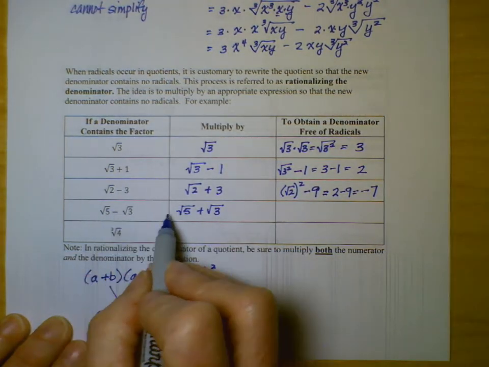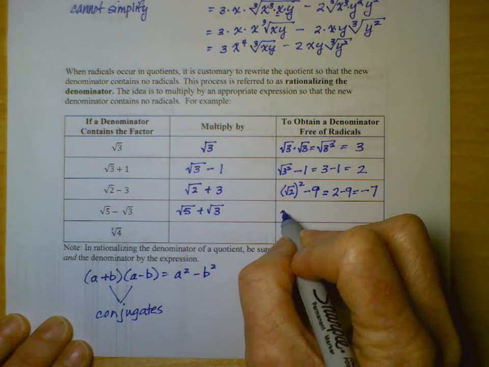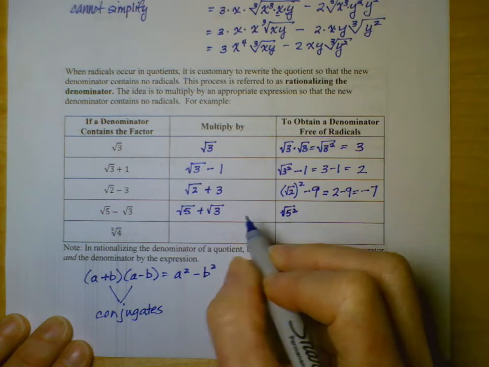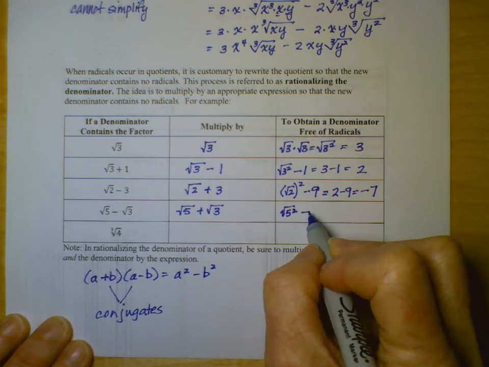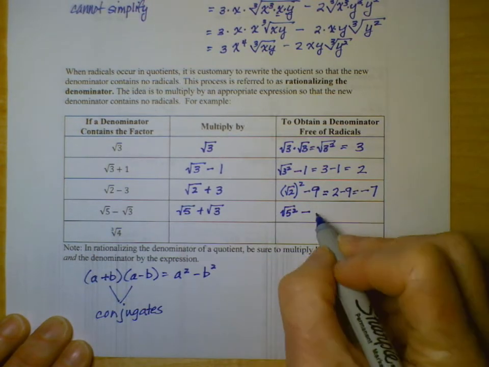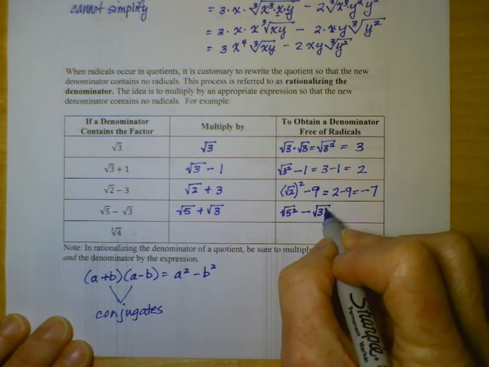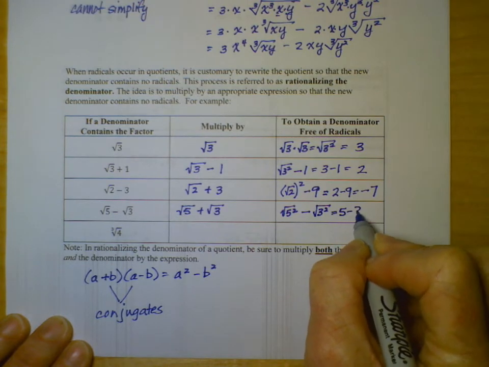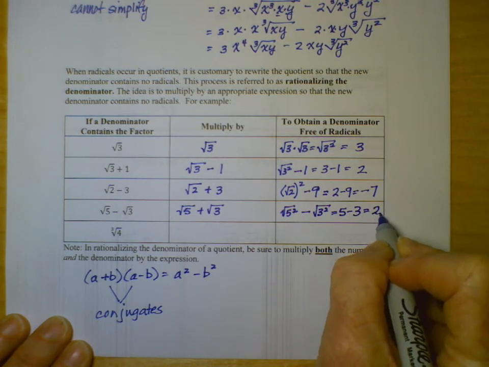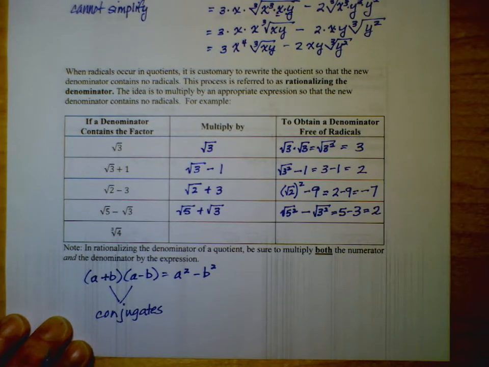First times first, we get the square root of 5 squared. And then, of course, we know the middle's going to cancel, and then it's going to be minus because negative times positive, square root of 3 squared. So what's that? 5 minus 3, or 2. Again, we got rid of the radicals.